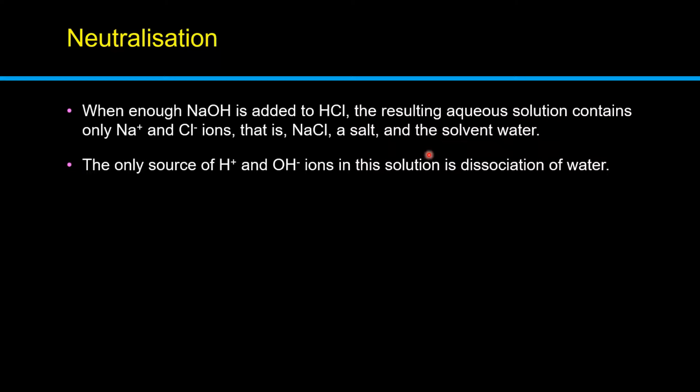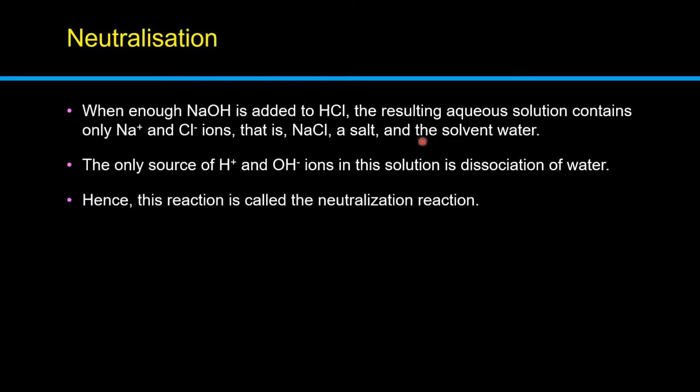The only source of H plus and OH minus ion in the solution will be dissociation of water. This reaction is called neutralization. The strong base sodium hydroxide is neutralized by the strong acid hydrochloric acid and vice versa, and the result is the formation of water, which is a neutral substance. So this name is apt, isn't it?